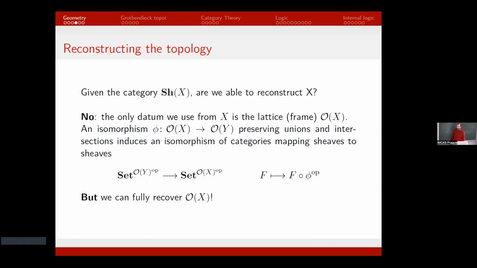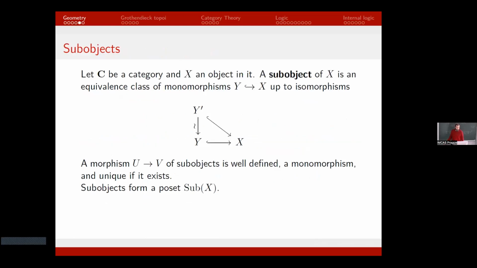But the good news is that we can fully recover at least O(X). And how do we do this? We do it with particular subobjects. This will be an excuse to talk about subobjects, since they will come up a lot in the talk.